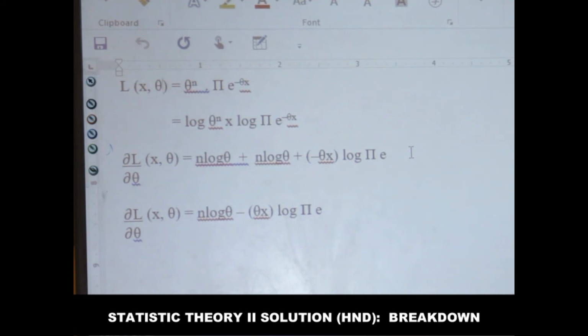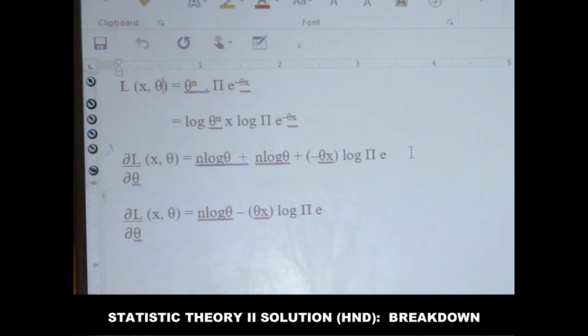We have the partial differentiation of L over the partial differentiation of theta equals n log theta. Recall in your law of logarithm, if you have log theta raised to power n, n can come over, then you have n log theta, plus, then you do the same thing for the other part, minus theta x log sigma e.